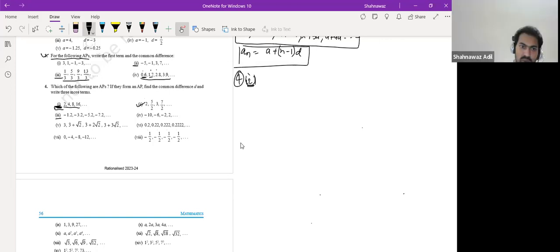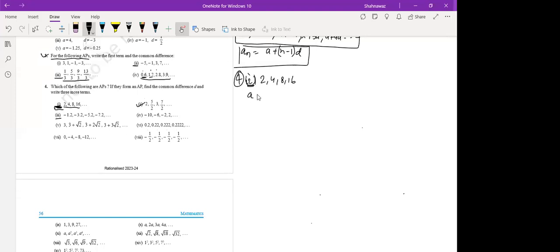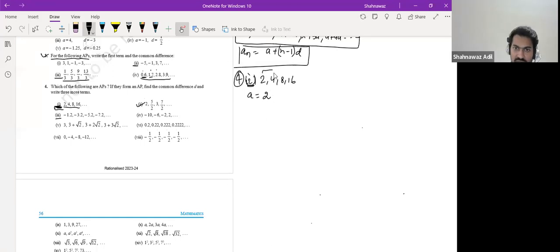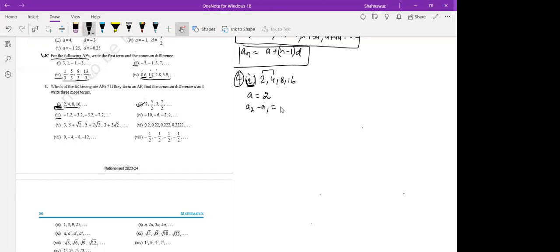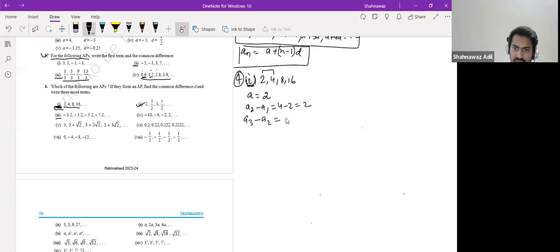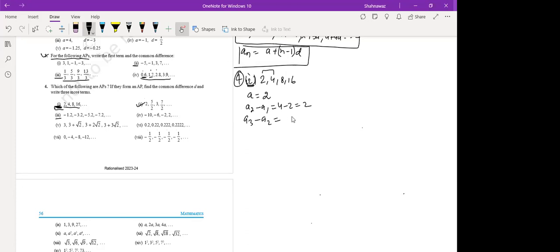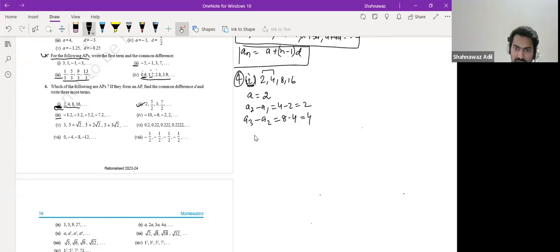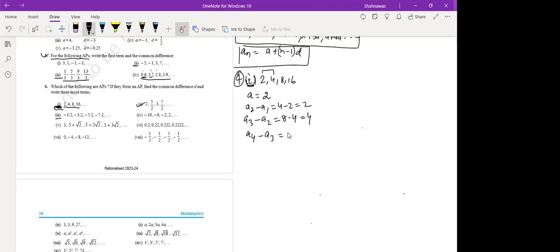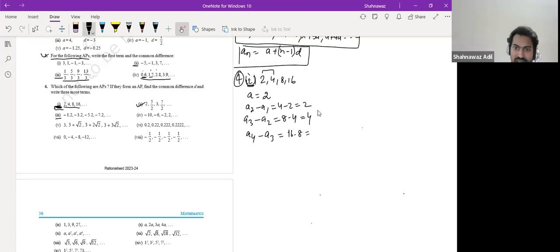Shaima, what is the first term? A is 2. And A2 minus A1 is how much? 4 minus 2, this is 2. A3 minus A2 is 4. And A4 minus A3 is 8. So you can see that this is D1, this is D2 and this is D3.